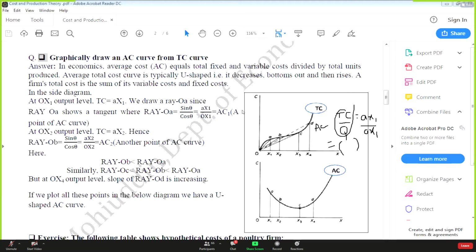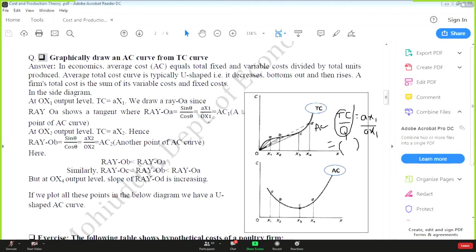We already know that this one divided by this one is AC. When I draw the ray, a tangency is created, and at this tangent point there is tan theta, sin theta by cos theta, that is height divided by width.